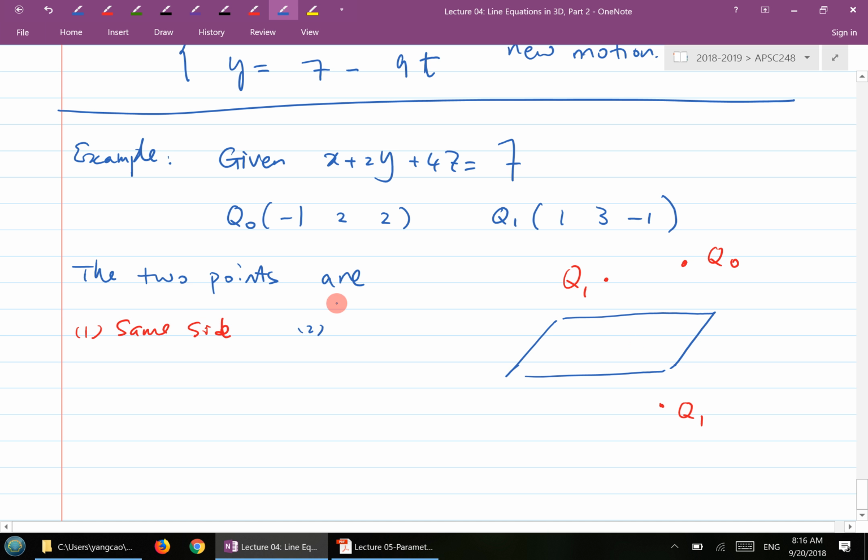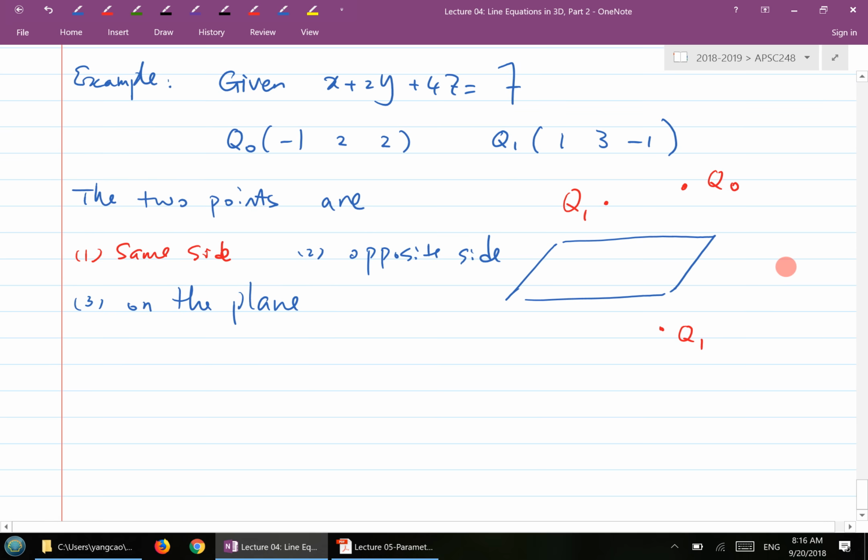So it could be the same side or opposite sides, or even on the plane. That's all the possible relationships, right? So how do we determine it? The easy way to do it is to check whether the point is on the plane or not.